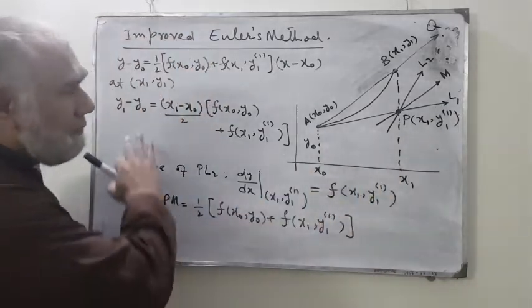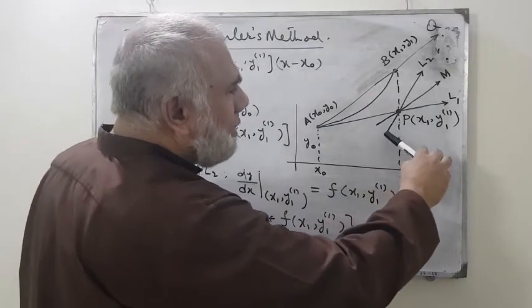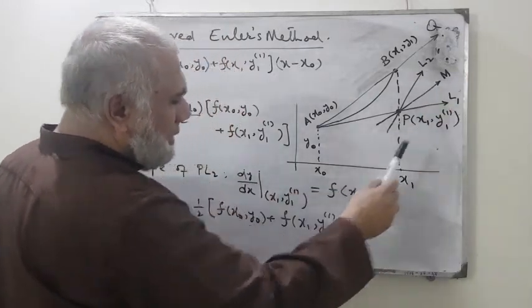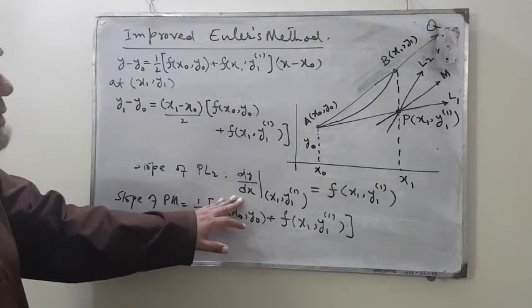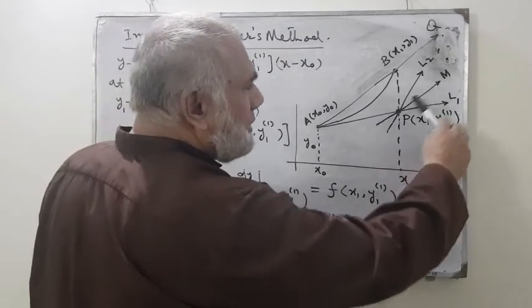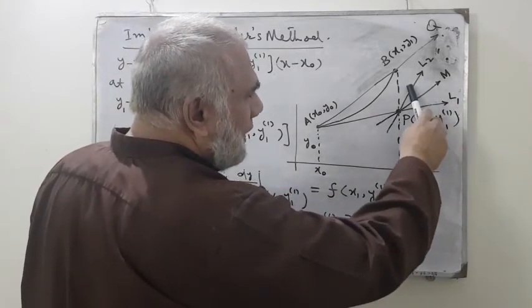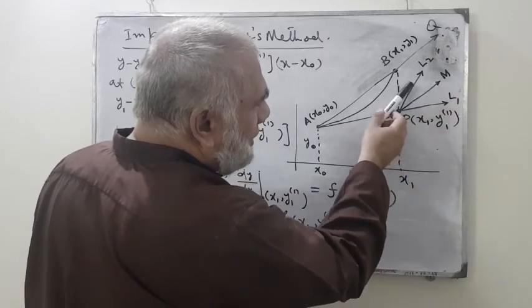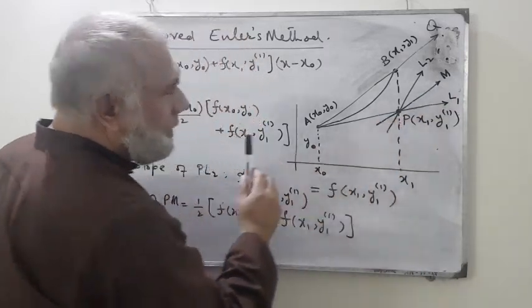Second we draw a line PL2, which is the tangent line at this point P, and we obtain the slope of this tangent line at P. Then we draw one more line in between these two lines, and this line PM has a slope equal to the average of these two slopes.